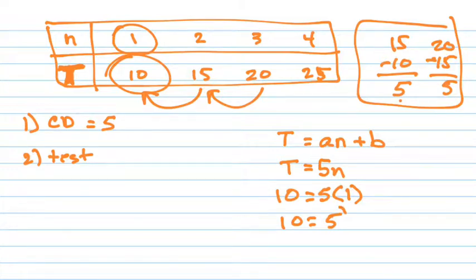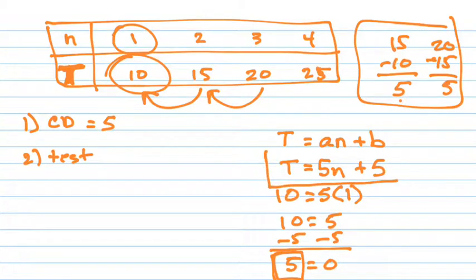So I've got to move this 5 over there. How do I move a positive 5? When you take away 5, you also have to take away 5 from the right. So what we're basically doing is solving an equation. And that gives us 5 equals 0, so that 5 becomes our B. And it's positive 5. And there's our rule.